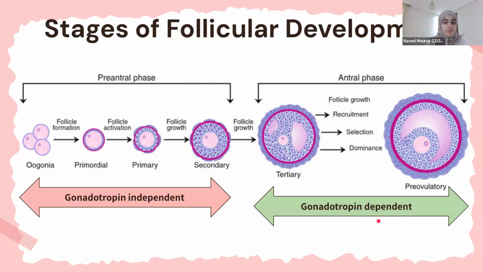So this concept is really important because a lot of people think that when you start the menstrual cycle and FSH starts being secreted, you start from the primordial follicle and go to the pre-ovulatory in 14 days. That is not the case, okay? You go from tertiary to pre-ovulatory or Graafian in 14 days, okay?